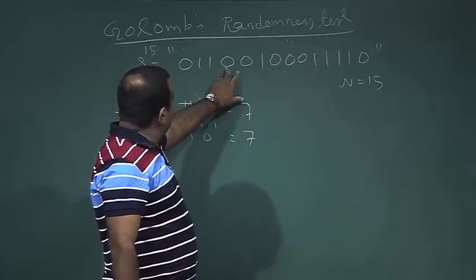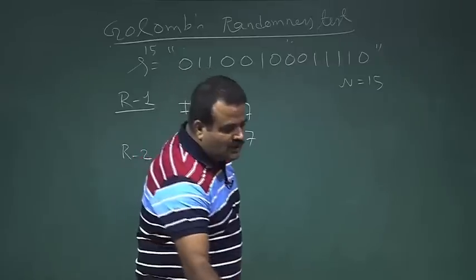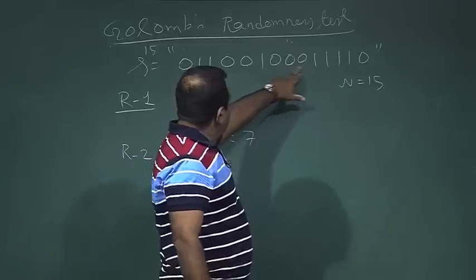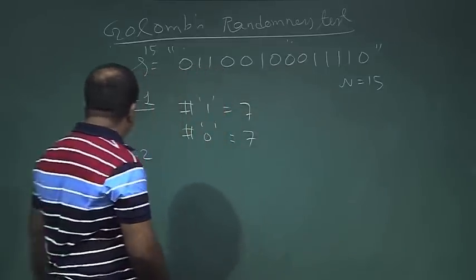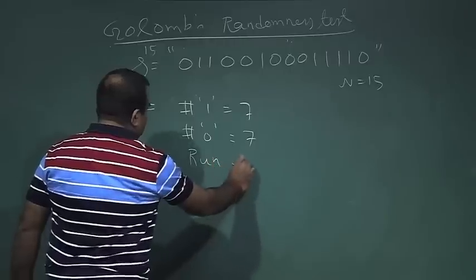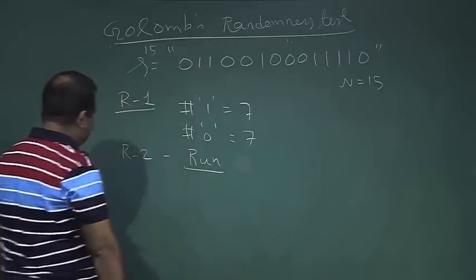This is one run of length 2, this is another. And 1/8 of the runs should have length 3, 1/8 means only 1. So, the rules regarding the runs are satisfied.